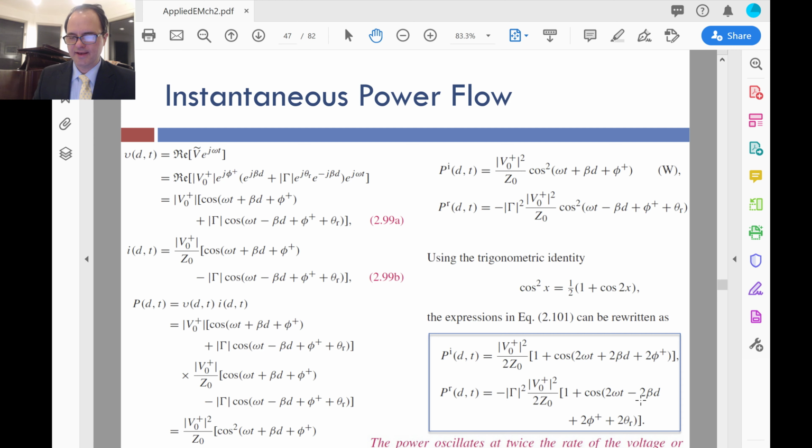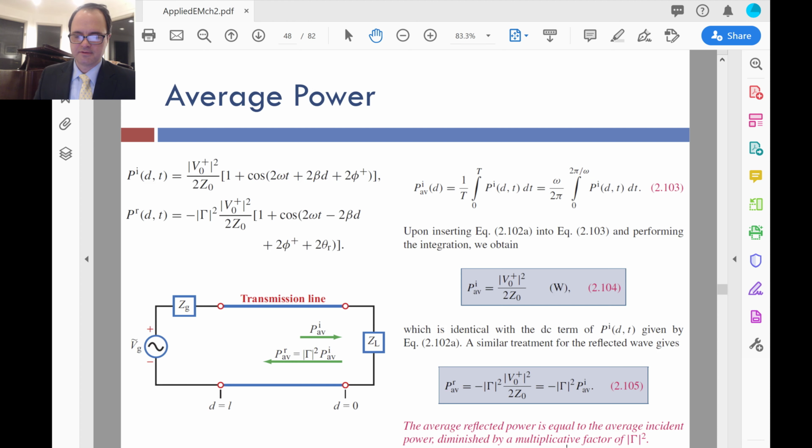And then it also has this time harmonic, this oscillatory term, but also with the frequency 2 omega. So the power oscillates at twice the rate of the voltage or the current.